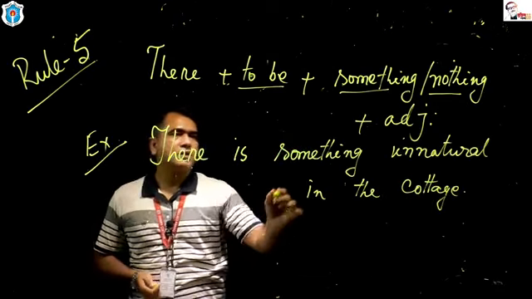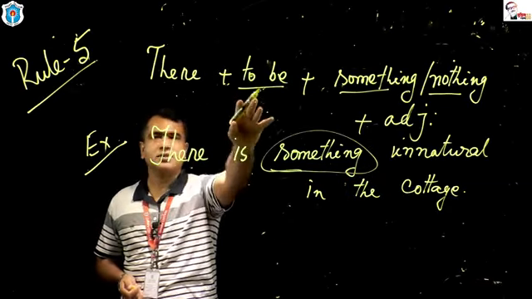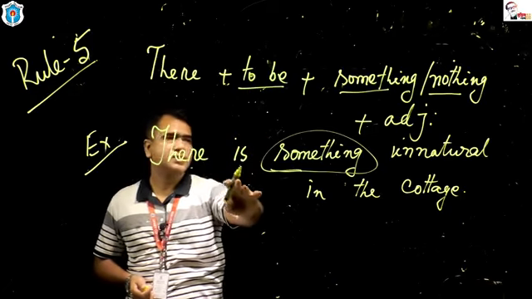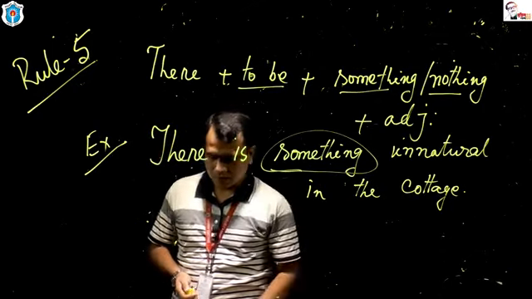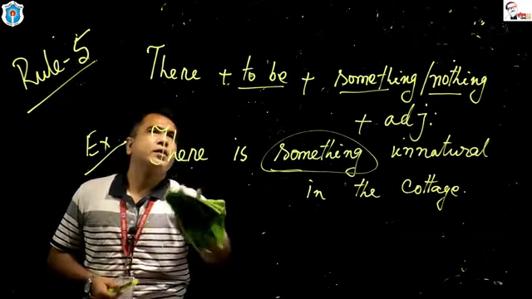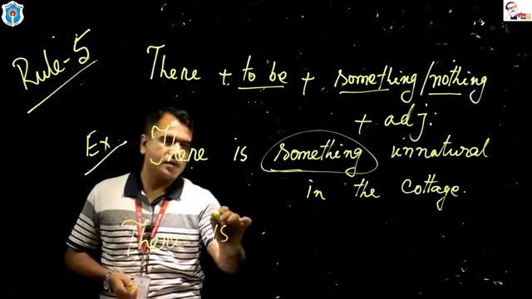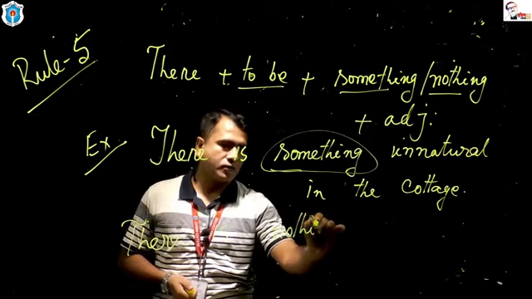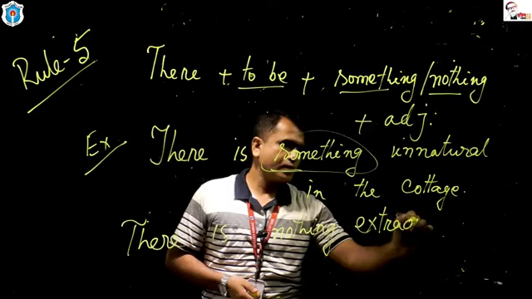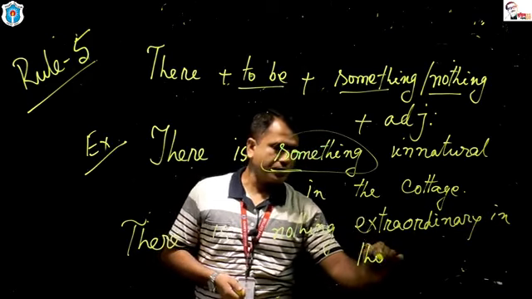Here we see we have used something with the introductory there, plus we have used a be verb. As it is present tense, we have used there is something unnatural in the cottage. Again we can use nothing. There is nothing extraordinary in this book.